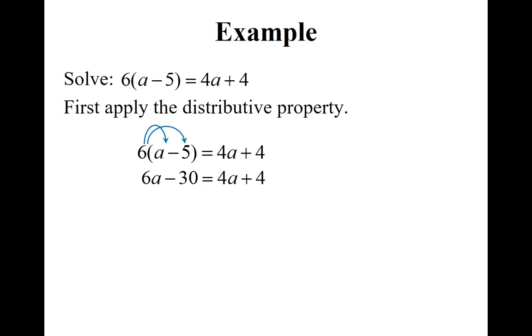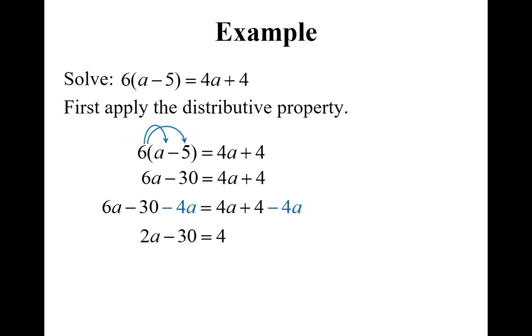We need to pick a first move in getting the a's on one side and everything else on the other. Let's subtract 4a from both sides. On the left, that's 6a minus 4a is 2a minus 30.